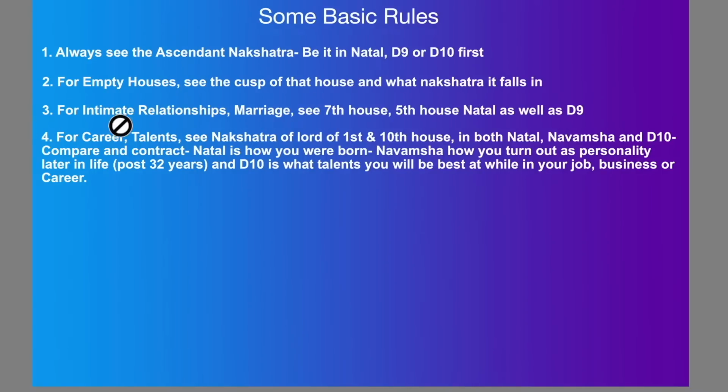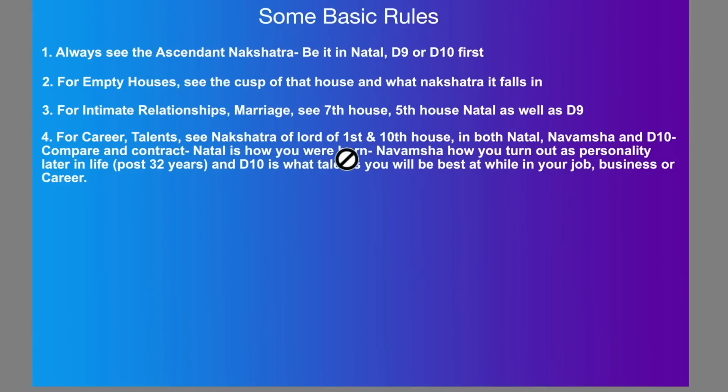Number 3, for intimate relationships, marriage, see the 7th house, 5th house, natal as well as D9, and the nakshatras thereof or the planets sitting there. For career talents, see the nakshatra of the Lord of the 1st and 10th house in natal, Navamsha and D10. Compare and contrast.